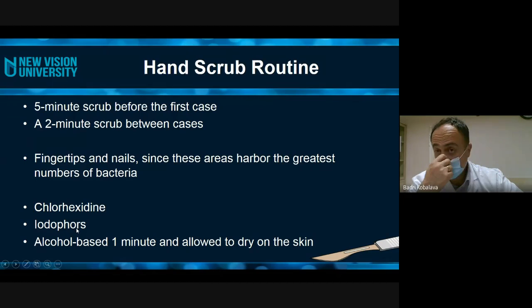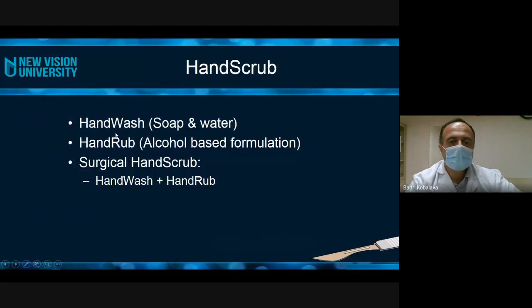So, the first stage is hand wash with soap and water. Soap removes grease from our hands. Grease is a normal component of our skin. Everybody has skin appendages, which release some grease.